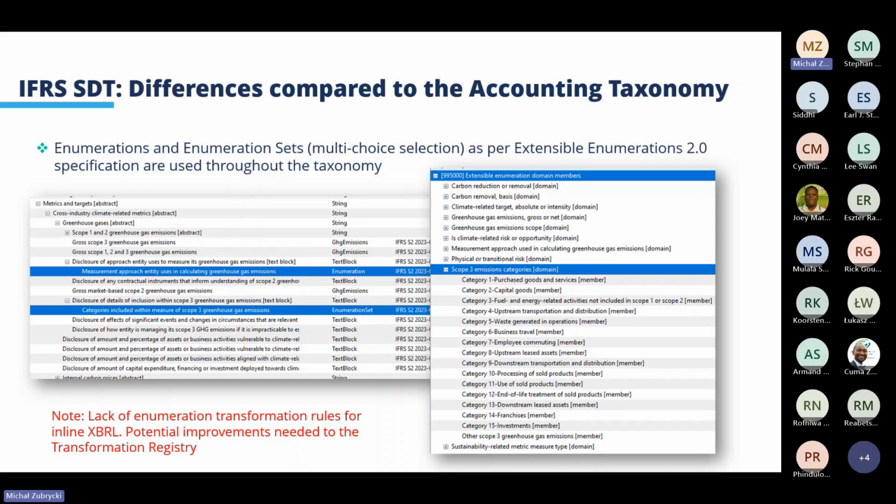So the problem with extensible enumerations is that there is no transformation rule, and the fact value under extensible enumeration 2.0 actually contains the full URI under which the given domain of enumeration options is defined, plus the technical name of the element, so not the label. The problem is that if we would make a selection and try to present it in a human readable format, that would become unreadable to the business users. And in the case of Cynthia, that would not be understandable by the auditors, because there would be just a string of technical characters that without XBRL knowledge would not make any sense.